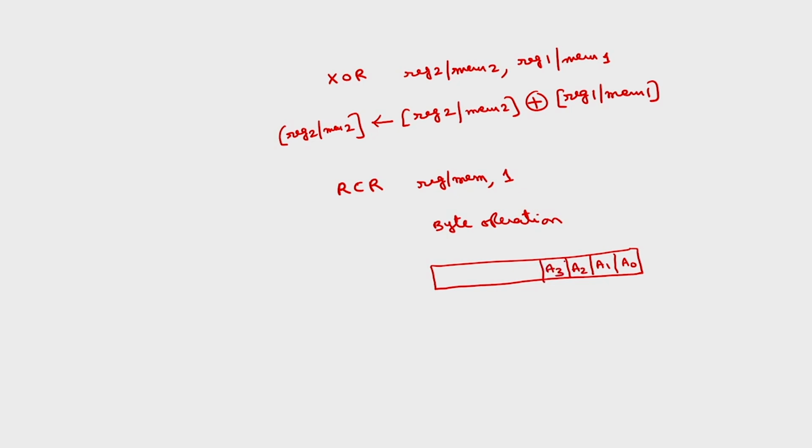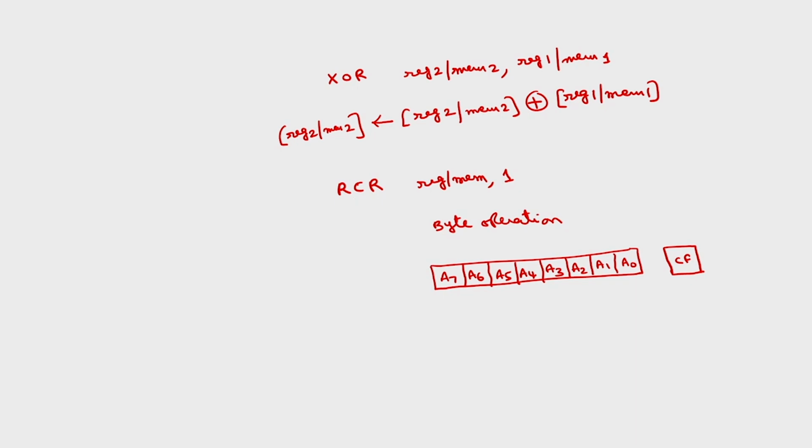This can be contents of any register or memory, 8 bits: A4, A5, A6 and A7. So, there are totally 8 bits, and we will be having the carry flag also. Suppose here the carry flag is stored.